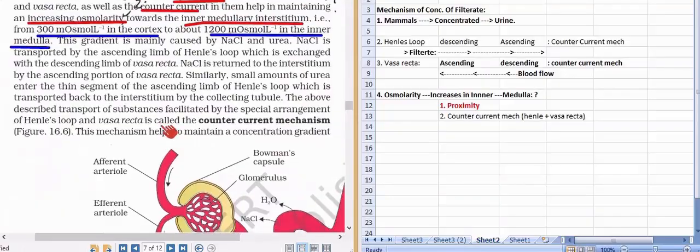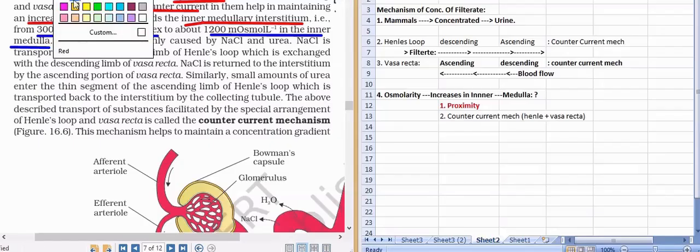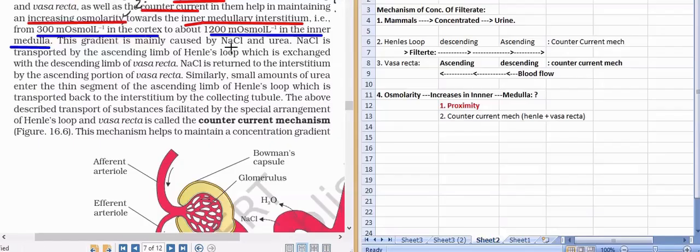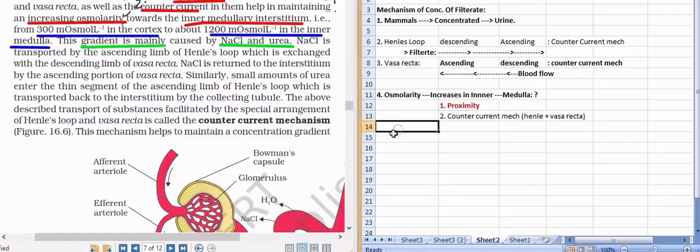Now, how is this gradient occurring? The gradient is mainly caused by two things. One is NaCl and the other is urea. Let's note it down. Let's make a point.